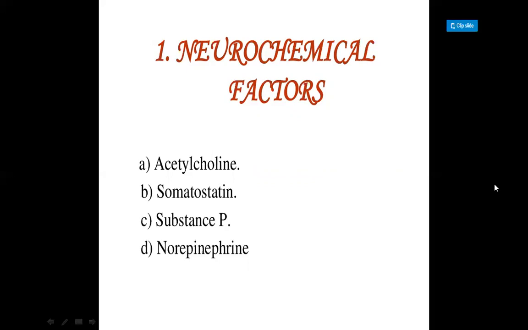The first neurochemical factor is acetylcholine. Acetylcholine is a neurotransmitter, a chemical released by nerve cells or neurons. Acetylcholine causes muscles to contract, activates pain response, and regulates endocrine and REM sleep functions.